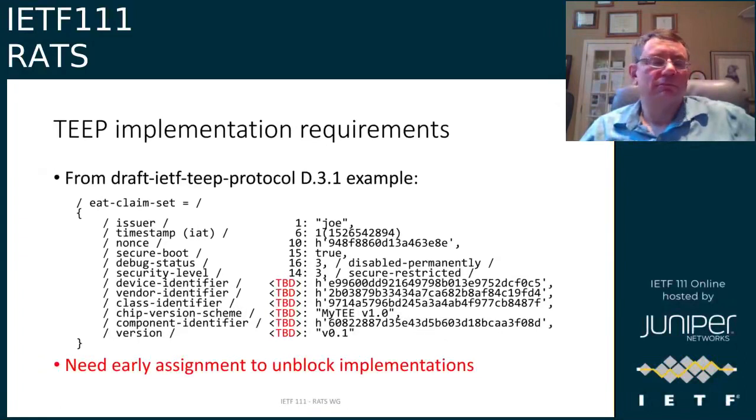That transition is not too bad. It's on the receiving side, so I don't see early assignment as a blocker. I actually wrote the code to do that, and it's part of the C token library. So it seems like you can go either way on that. Early assignment is nice, but it's not required. I'm happy to take wisdom on that, but that's my thought.